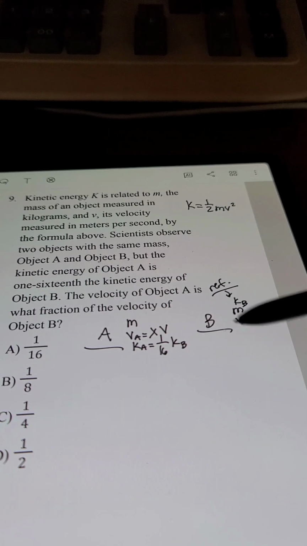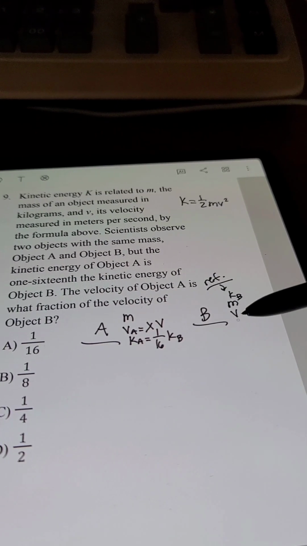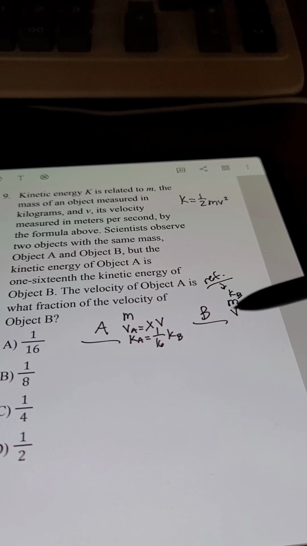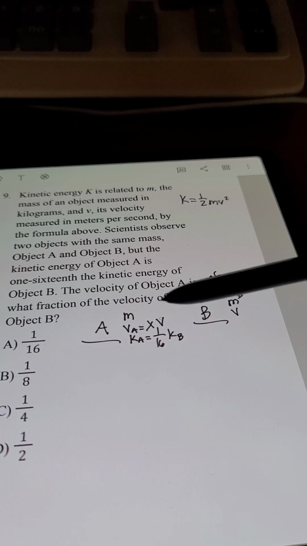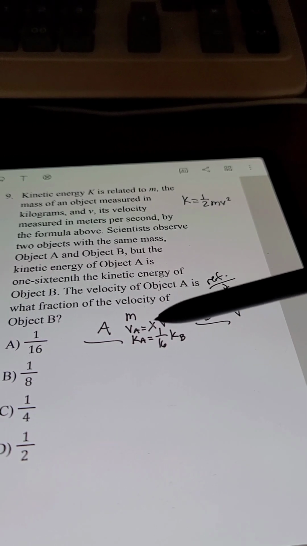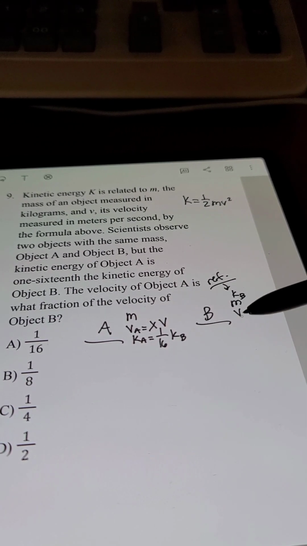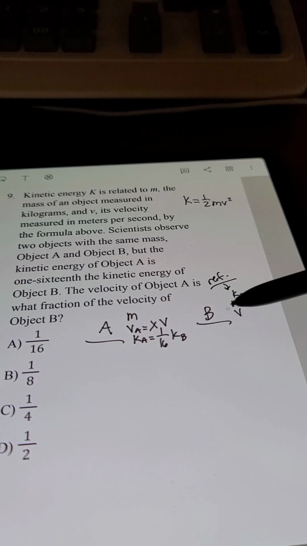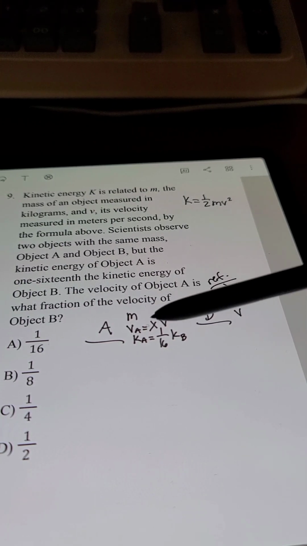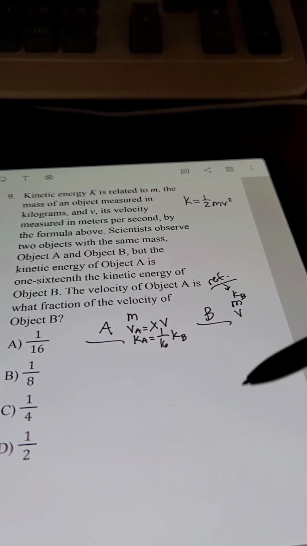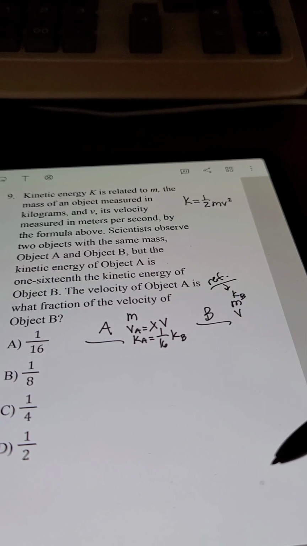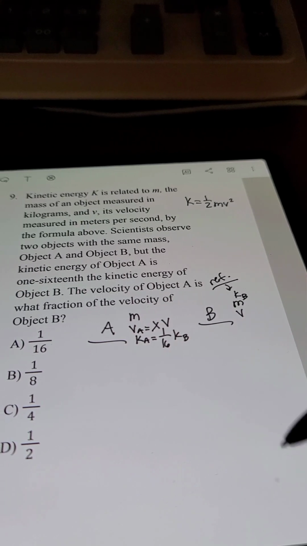Now for each of their velocities, since B is going to be my reference, I'm going to say that V is representing the velocity for object B, and I'm going to say that x is the fraction I'm multiplying V by, the velocity of B gets multiplied by this fractional amount x to get me the velocity I need for A that I would be plugging in.